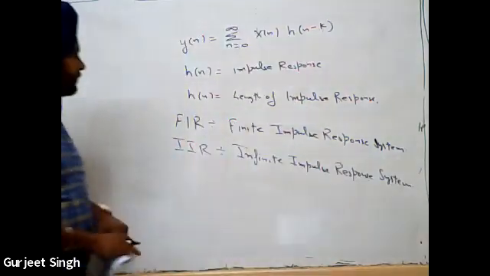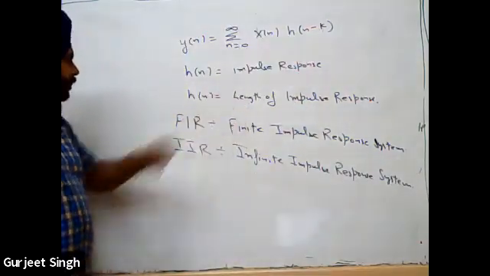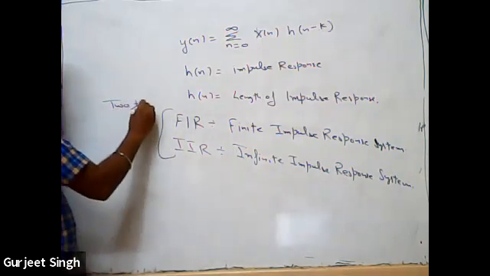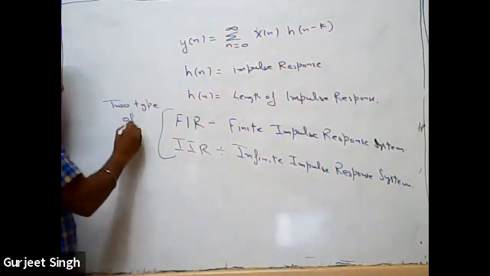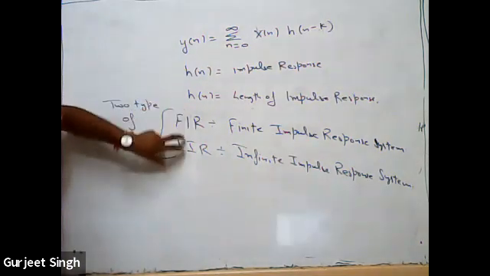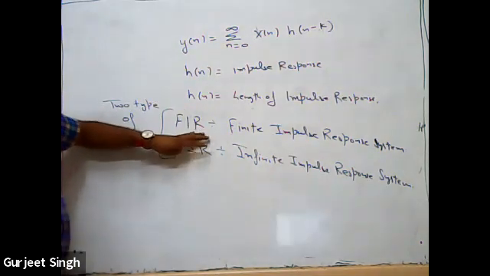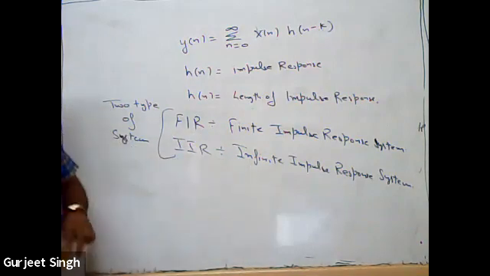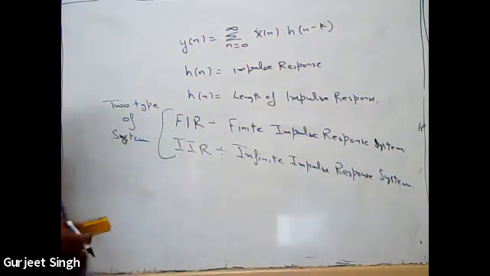So depending upon this length of the impulse response, we have two types of systems. Depending upon this h[n], we have two types of impulse response systems. First one is the finite impulse response system. Second one is the infinite impulse response system. So these are very important. What is the finite impulse response system? What is the infinite impulse response system?